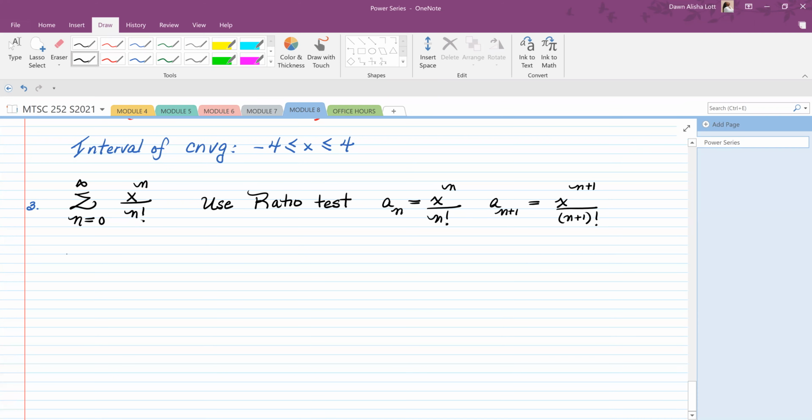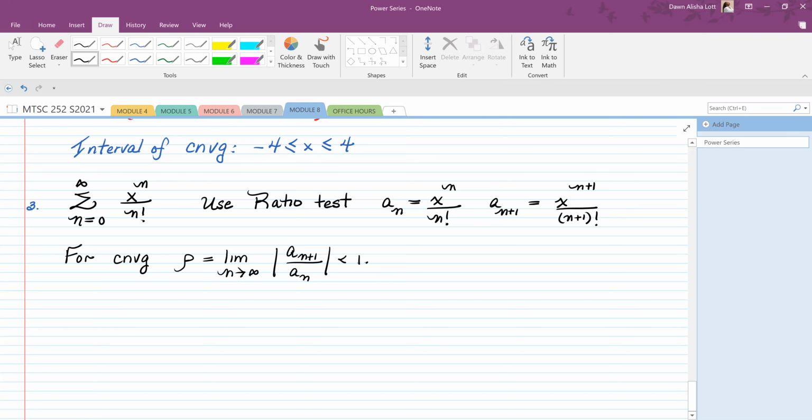So now for the ratio test, for convergence, rho equal to the limit as n approaches infinity of the absolute value of an plus 1 over an has to be less than 1. So that's the ratio test.